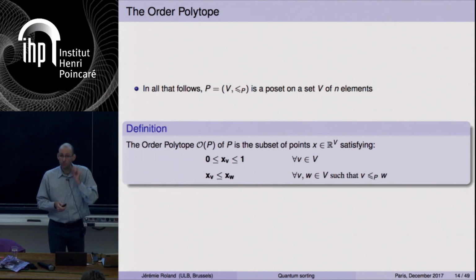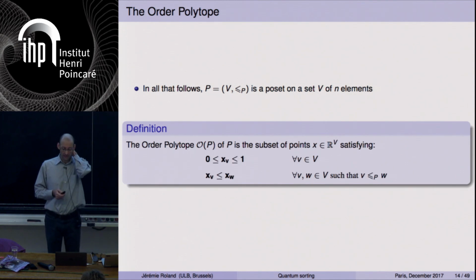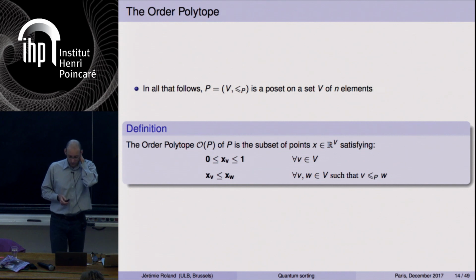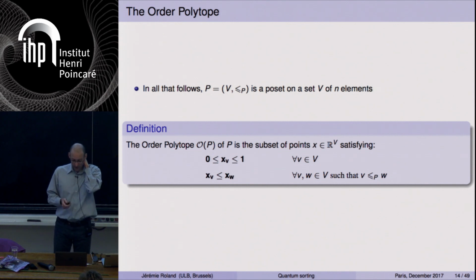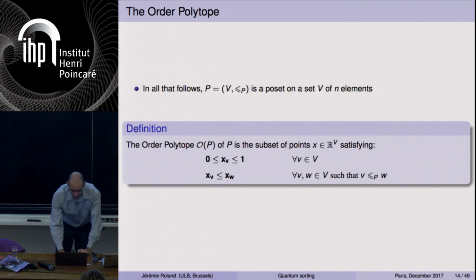And the first polytope I will define is what is called the order polytope. So the order polytope is a subset of the hypercube, if you want. So it's a subset of points in the n-dimensional space, where all the coordinates are between 0 and 1.